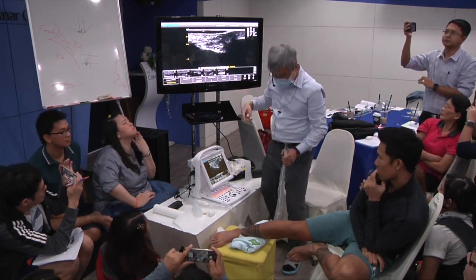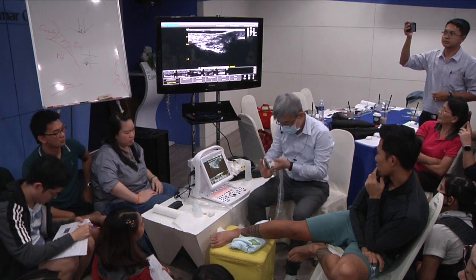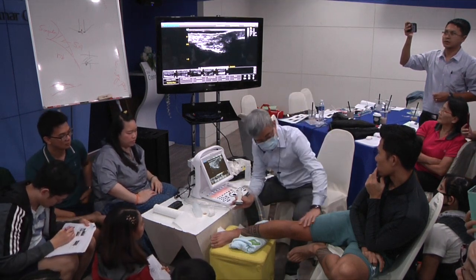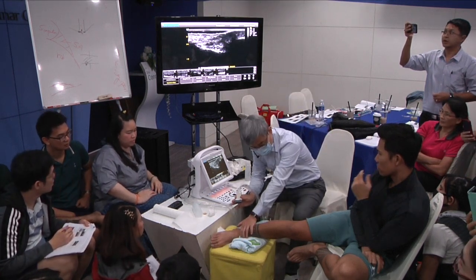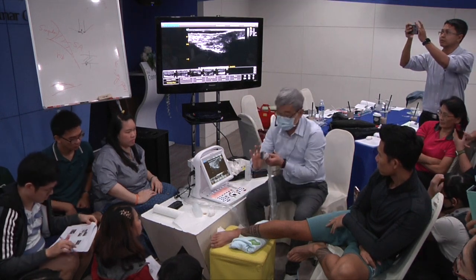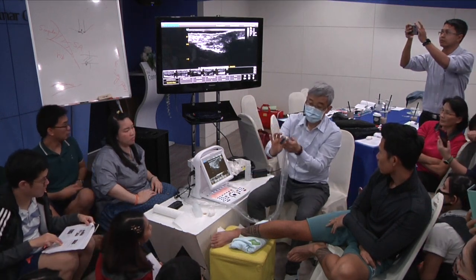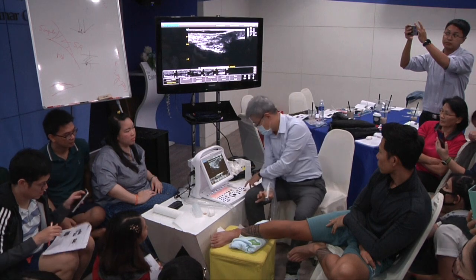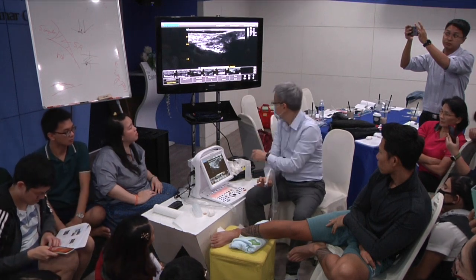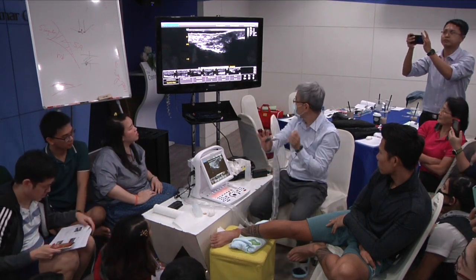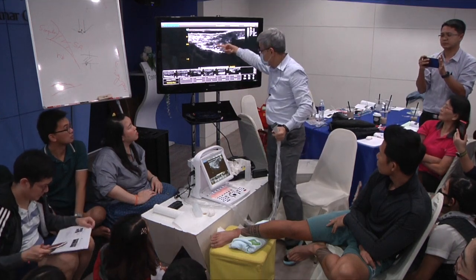Okay, then PDFL. Same position. Lateral malleolus. Okay, I should save this one. CF.